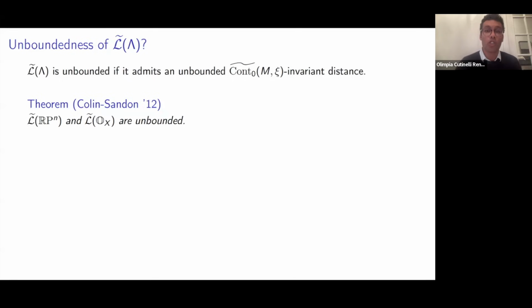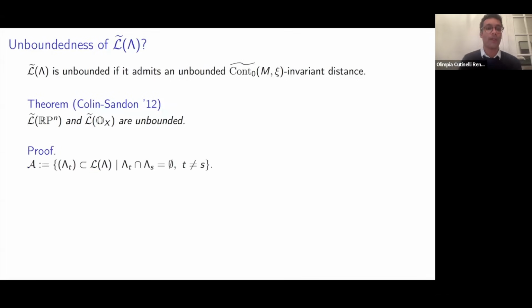And they also show that the same is true for the zero section inside the periodic one-jet bundle. So here you have some rigidity. You can construct interesting distances that are not just constant distances as on points. They can take arbitrarily large values.